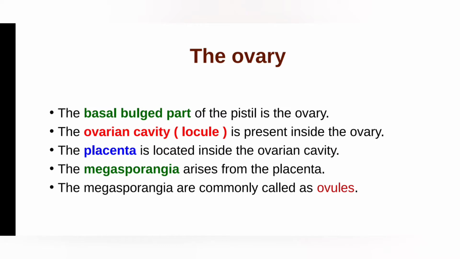The megasporangia arise from the placenta. So we can see megasporangia attached to the placenta. The megasporangia are commonly called ovules. The other name of megasporangia is ovule.